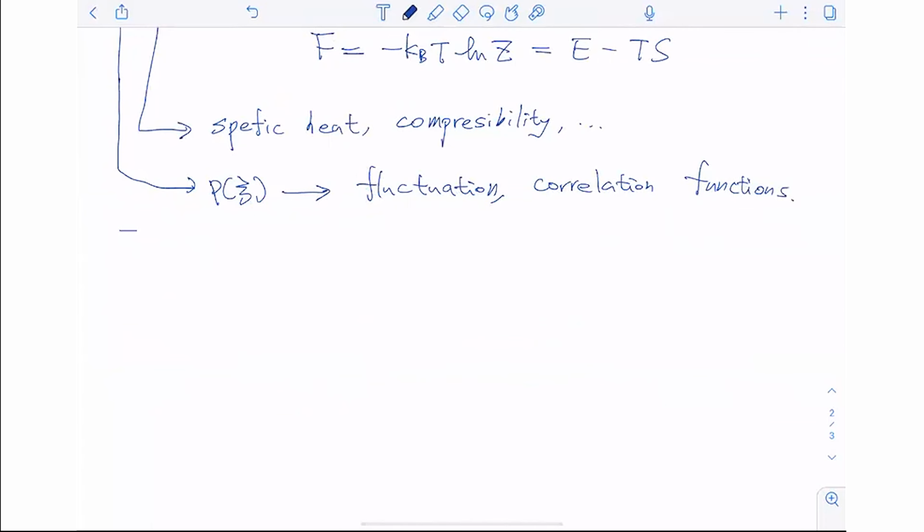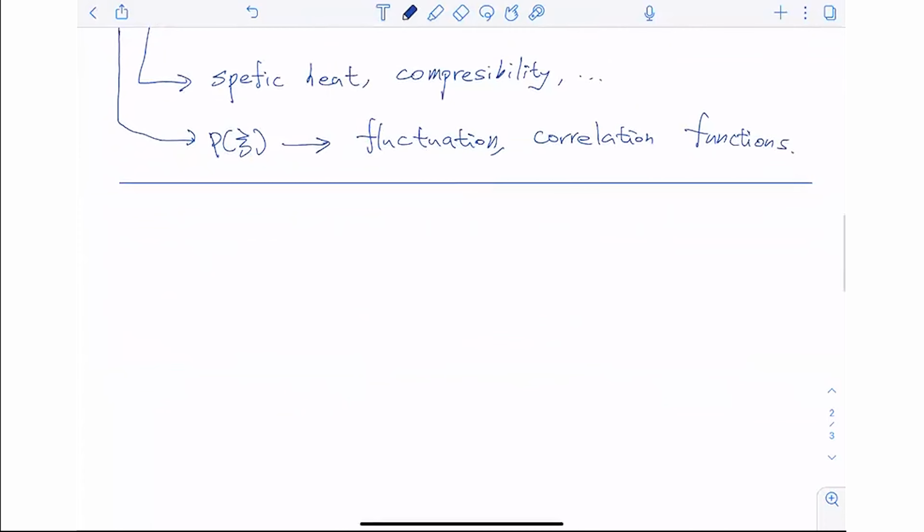So now I'm going to write down the standard process to analyze a system using statistical mechanics.